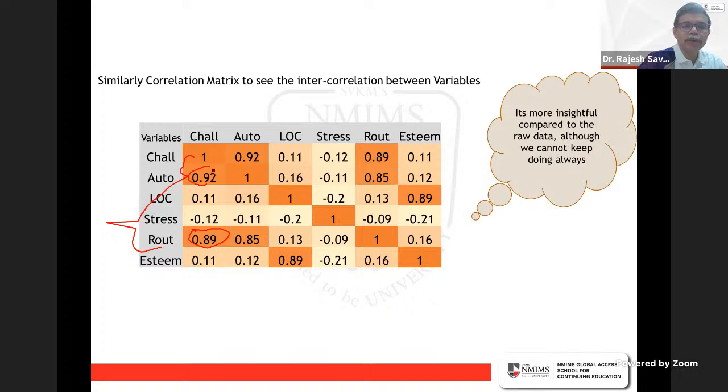So challenge and autonomy is 0.92, routine and challenge is 0.89, and the third, of course, so all the three are highly correlated with each other. Okay, if I look at LOC and esteem, it is 0.89, which means these two are highly correlated. And stress doesn't have any high correlation with anyone. Okay, so this is the correlation matrix.